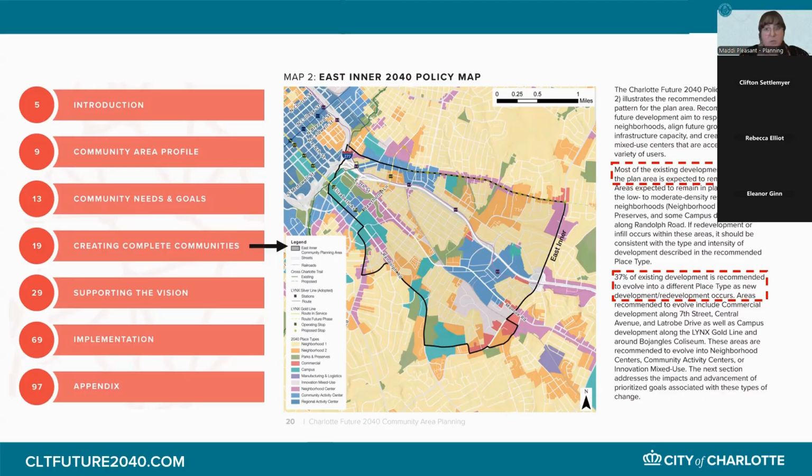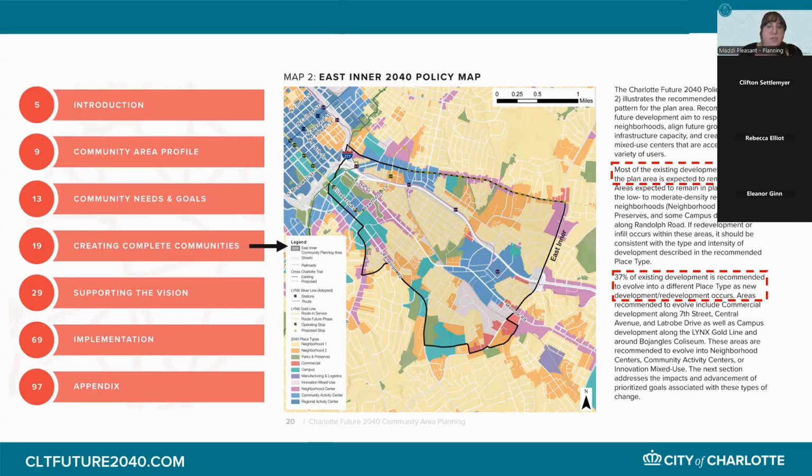And the plan does recommend that it looks like we've got about 37% is meant to evolve into a different type of development. An example of that would be a commercial area developing into an activity center, like a community activity center or a neighborhood activity center.